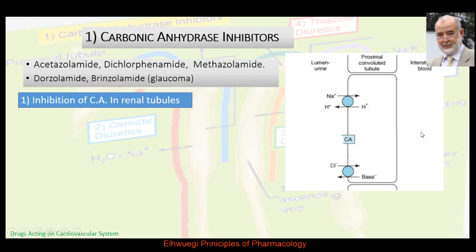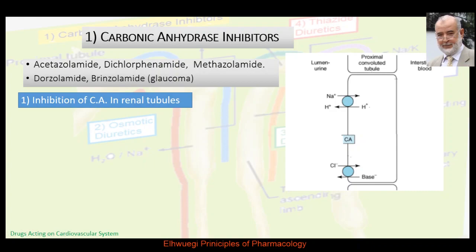The other side is the blood interstitium, the capillaries through which blood flows. Usually in the proximal convoluted tubule, as we have said, much reabsorption takes place.